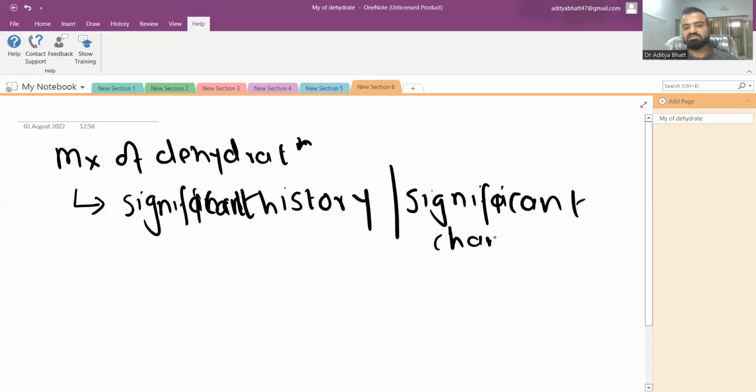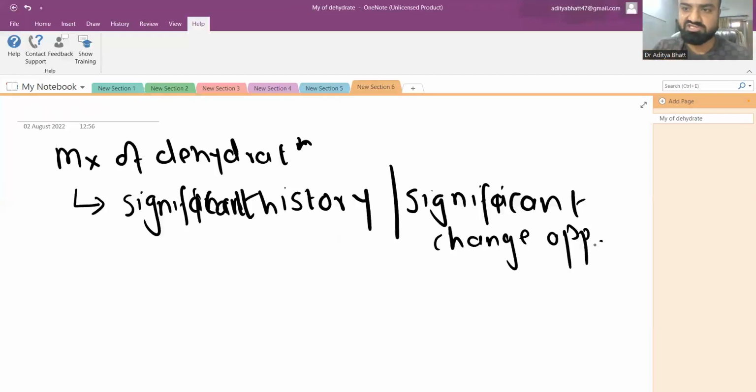For example, the mother says, no, today the eyes are more sunken than before. So this is based on history. If the mother says there is a significant history of diarrhea, loose stool, or a significant change in appearance, then you have to assume the child has dehydration, and not assume otherwise.